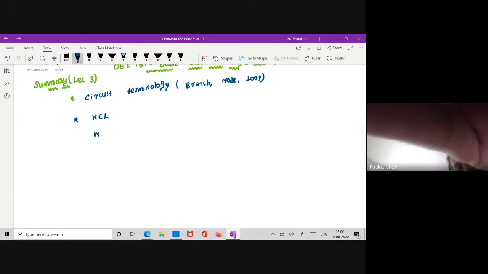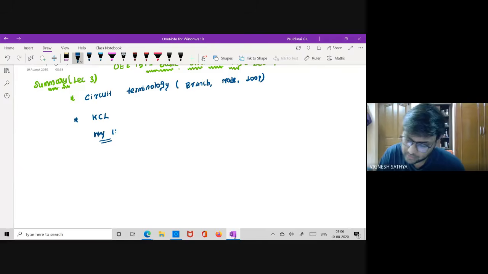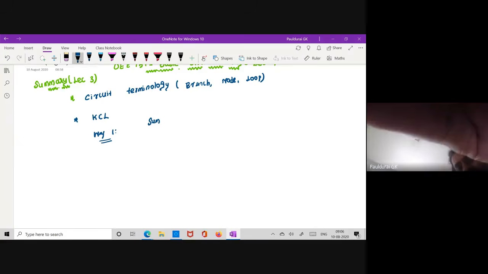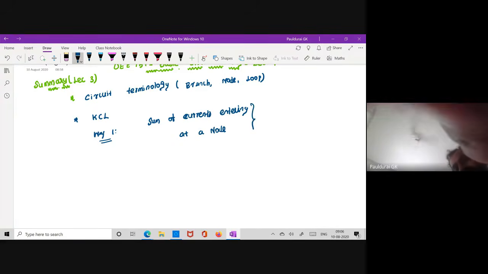Way one, what we discussed: the sum of currents entering a node is equal to the sum of currents leaving the node.